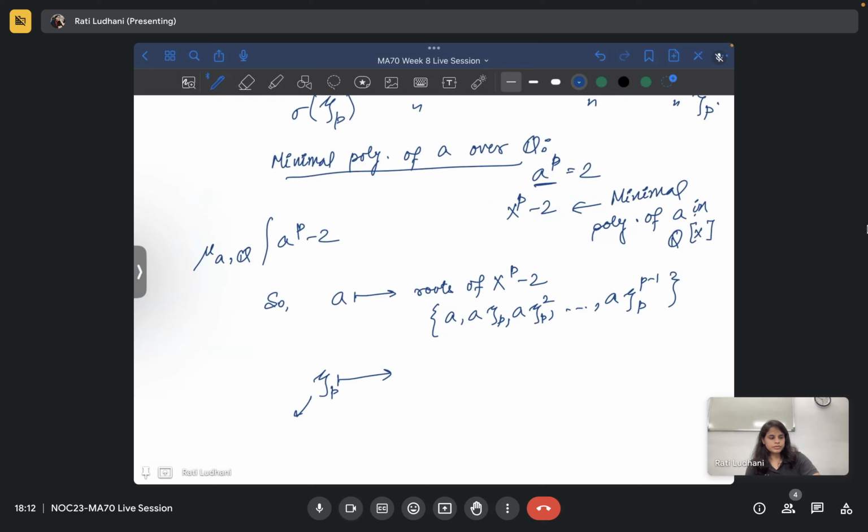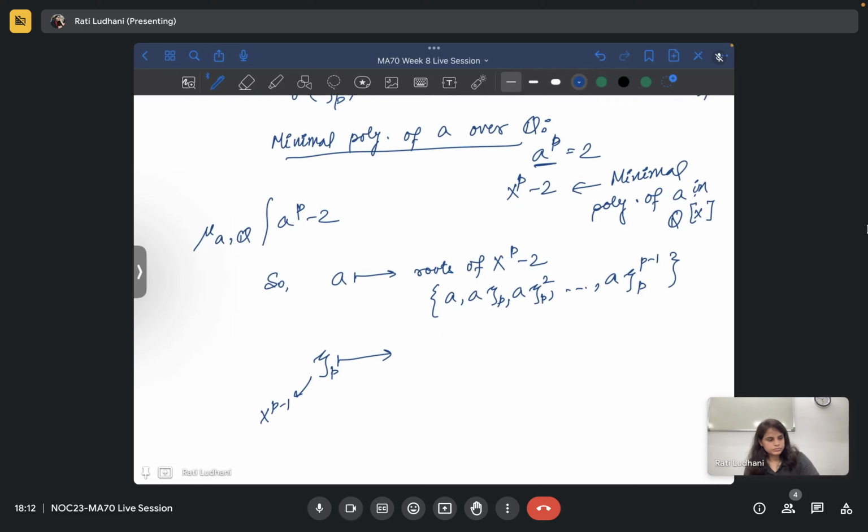So x raised to power p minus 1, plus x to the power p minus 2, and so on, plus x plus 1. Exactly. So this is how this is coming.